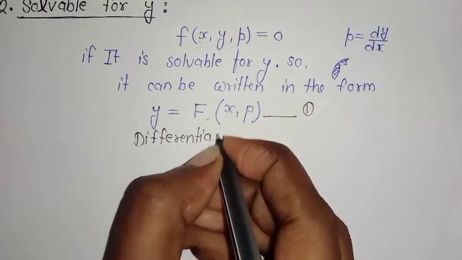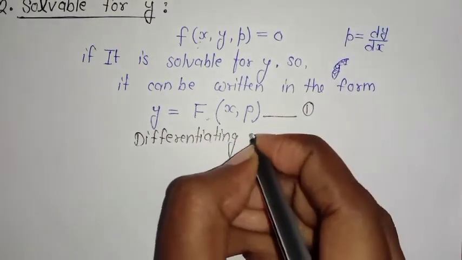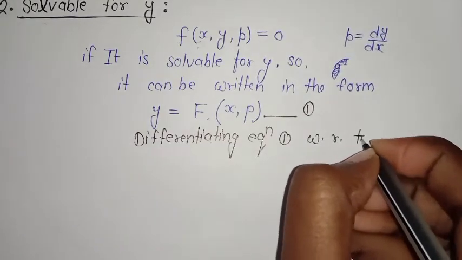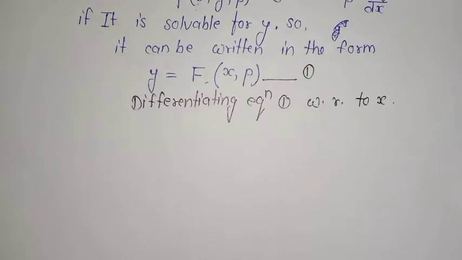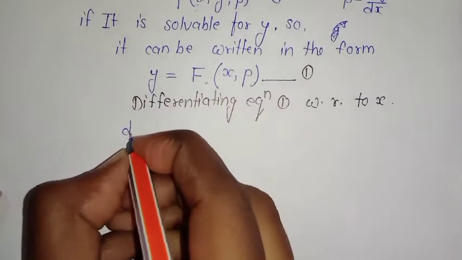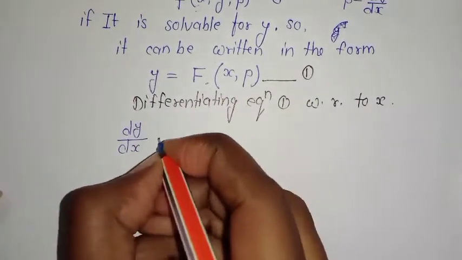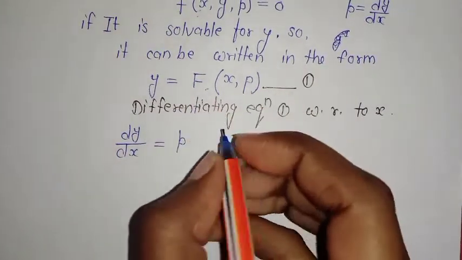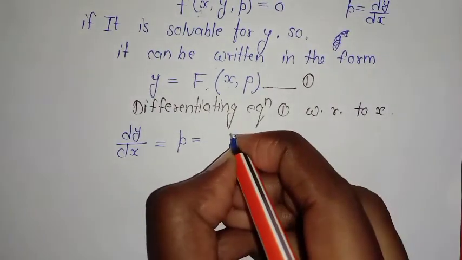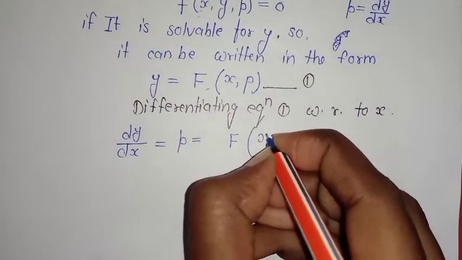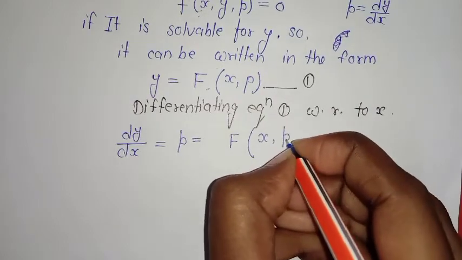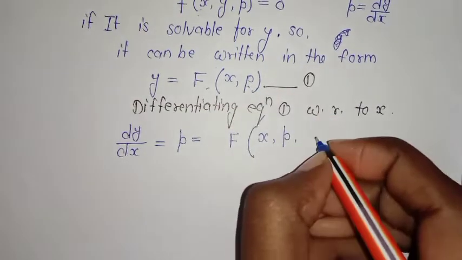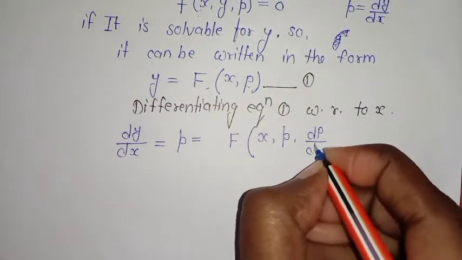Differentiating equation 1 with respect to x, the left side becomes dy by dx, which can be written as p, because dy by dx is equal to p, and that will be equal to f of x comma p, and the derivative of p with respect to x becomes dp upon dx.